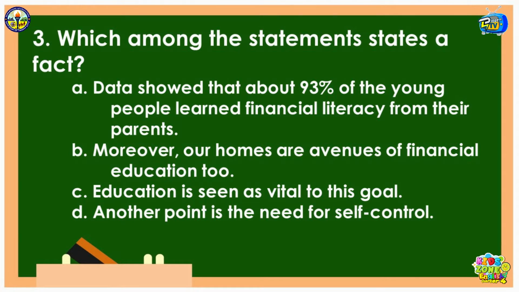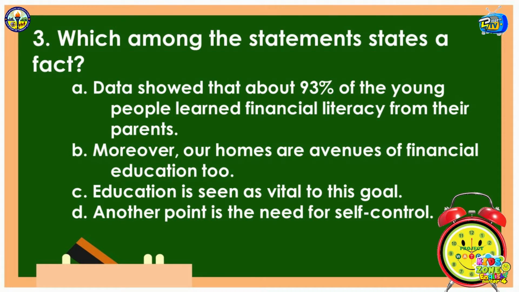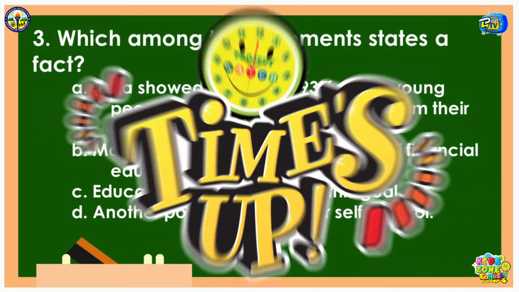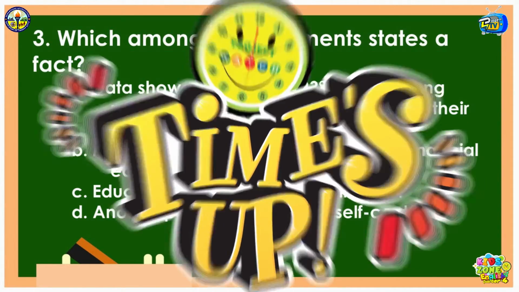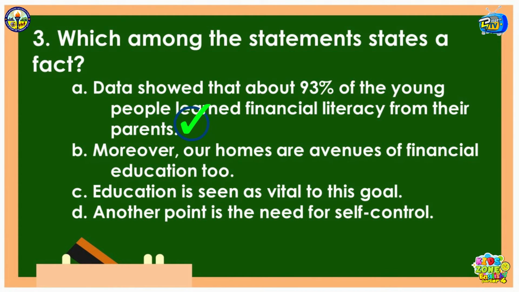D. Another point is the need for self-control. Time's up! Do we have the same answer? Bravo! The correct answer is A. Data showed that about 93% of the young people learn financial literacy from their parents.